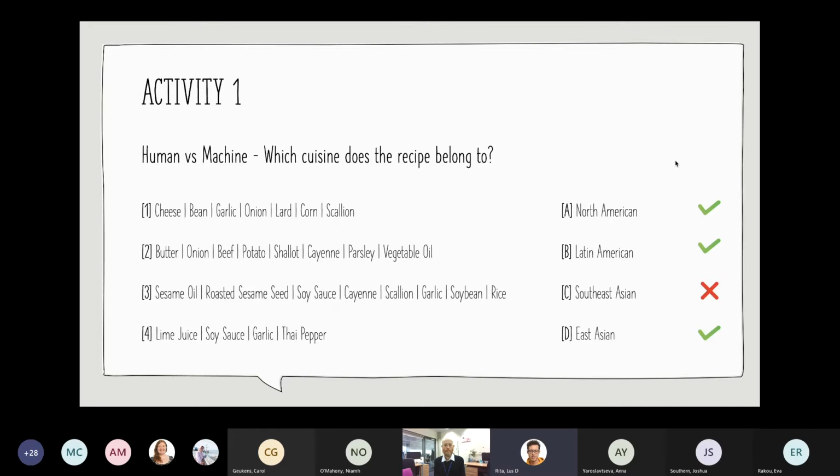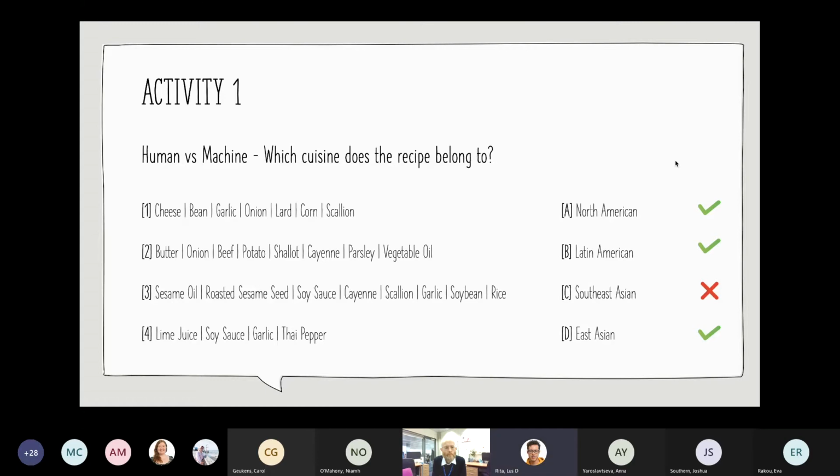So the first activity that I wanted to propose to you, activity number one, is based on the list of ingredients on the left. And I think we can do it here all together. The only thing that I'm going to ask you is to write in the chat box which cuisine you believe that each list of ingredients belongs to.